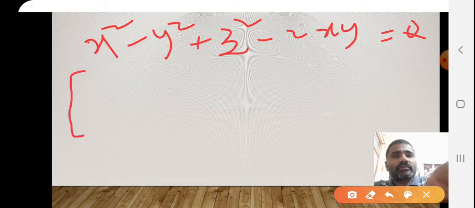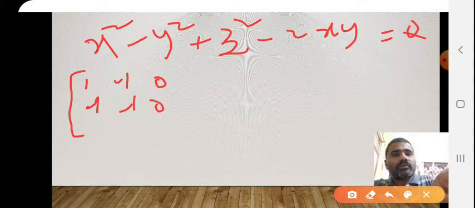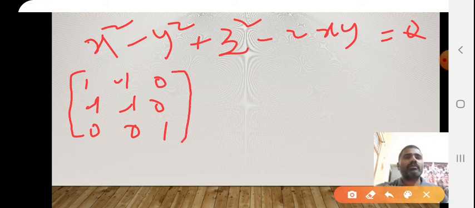A 3 by 3 matrix. Only the xy term is present. The entries are 1, minus 1, 0, minus 1, minus 1, 0, 0, 0, 1. This is the matrix A.